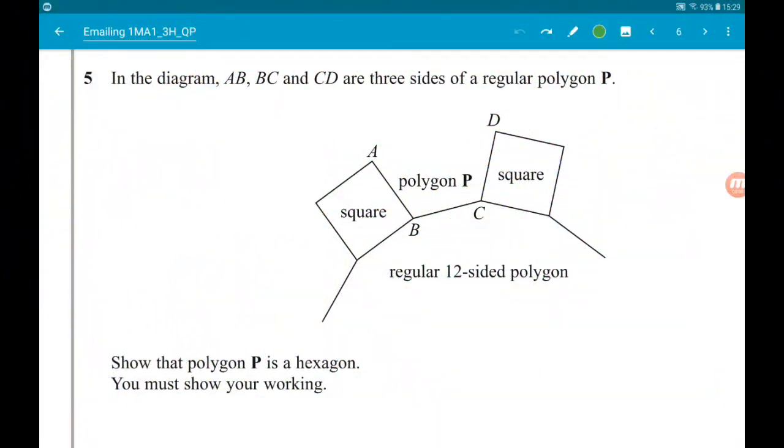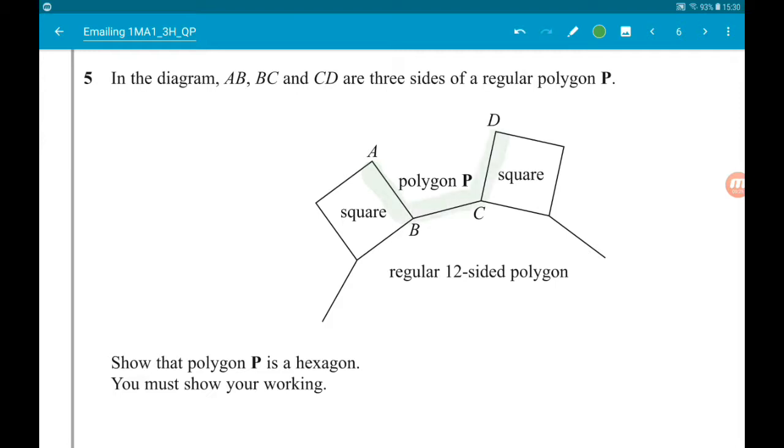Number 5, angles in polygons. So in the diagram, AB, BC and CD are 3 sides of a regular polygon P. We want to show that polygon P is a hexagon. You must show your working. Okay, so the 3 sides are these guys.